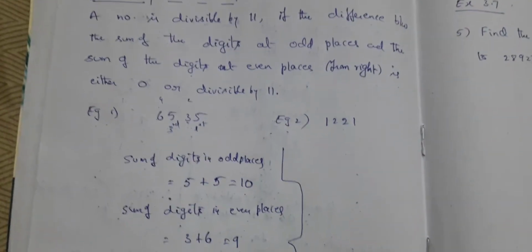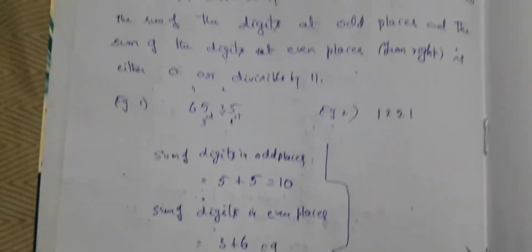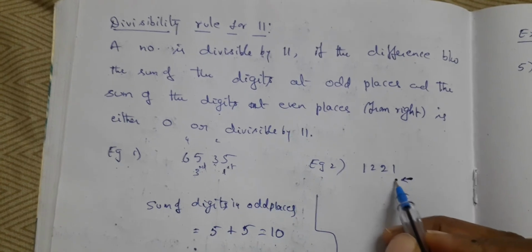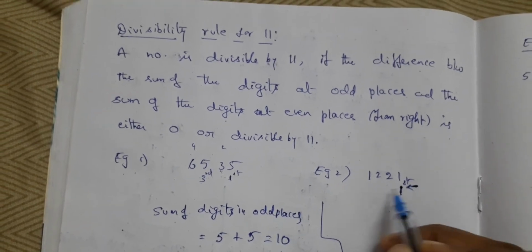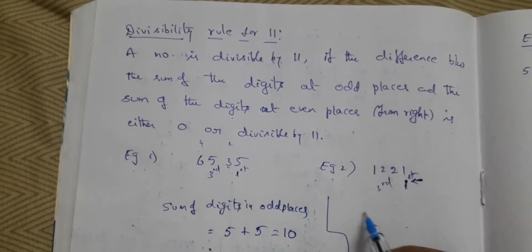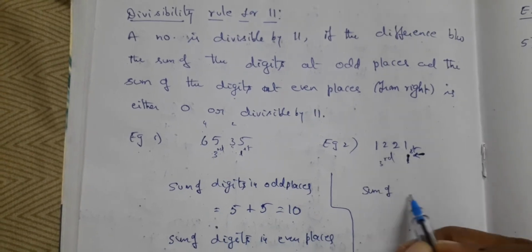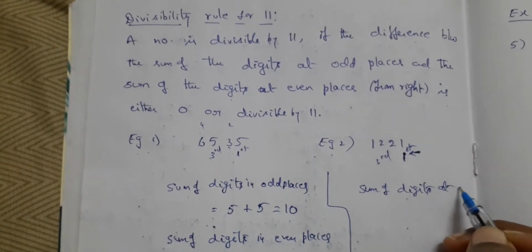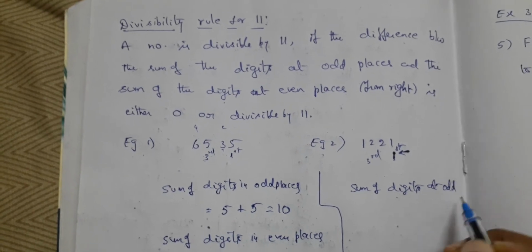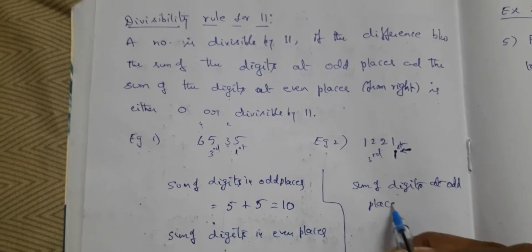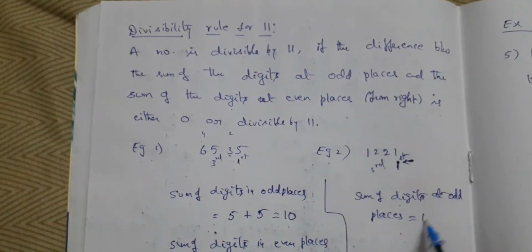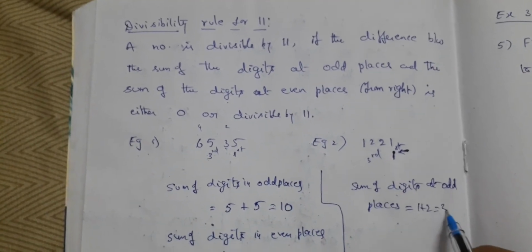Let us see another example. What is the example you have? 1221. So what is the rule? From the right hand side you have to see first place and third place. So sum of digits at odd places is equal to 1 plus 2, which is 3.